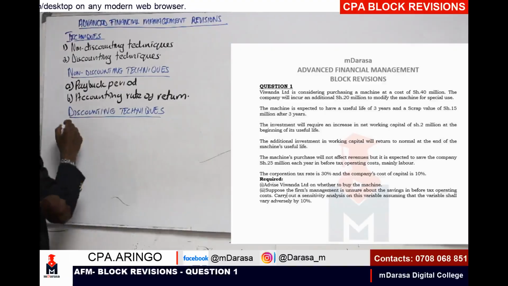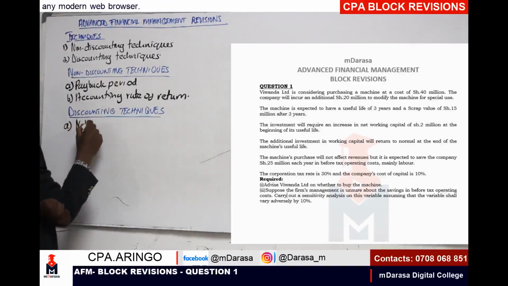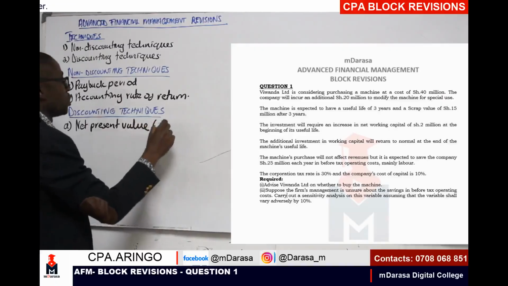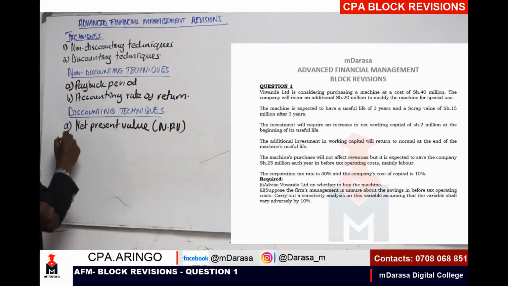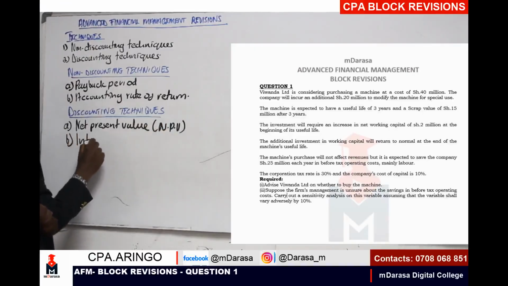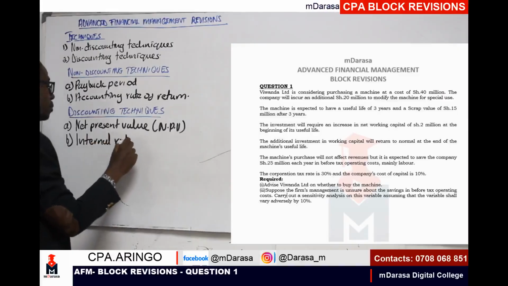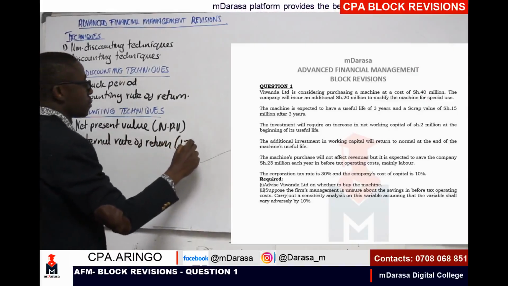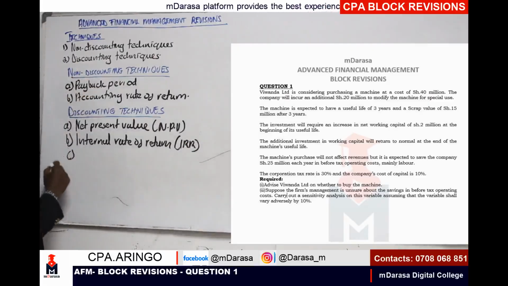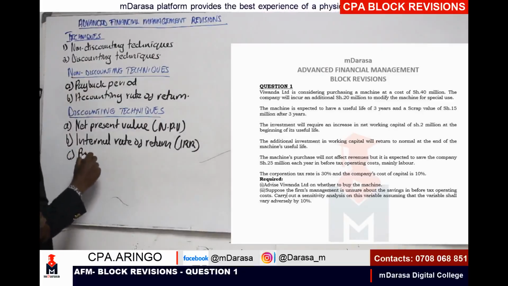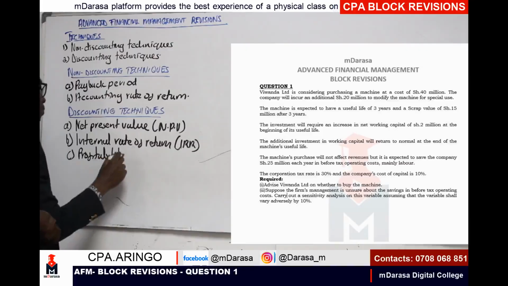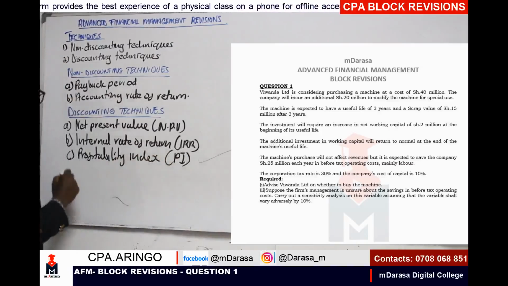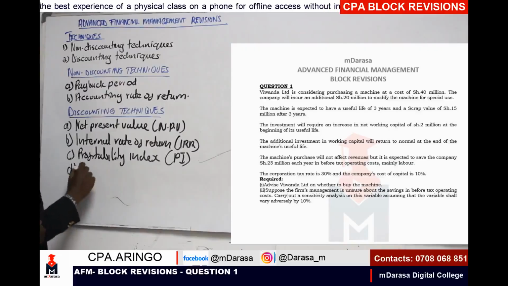That is, number A, net present value, commonly known as NPV, internal rate of return, IRR, profitability index, PI, discounted payback period.